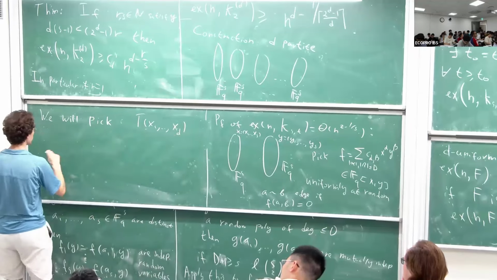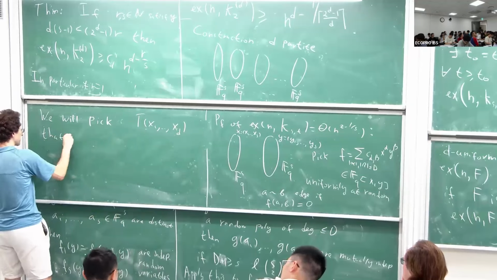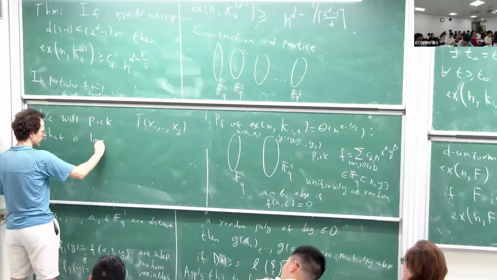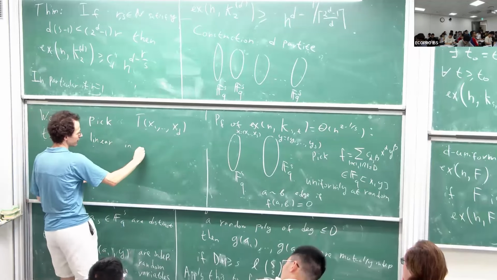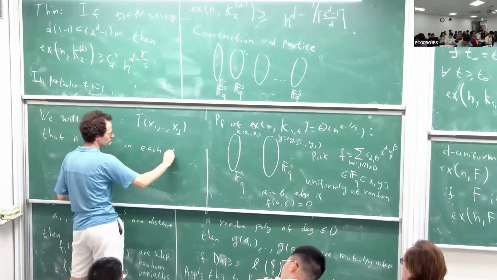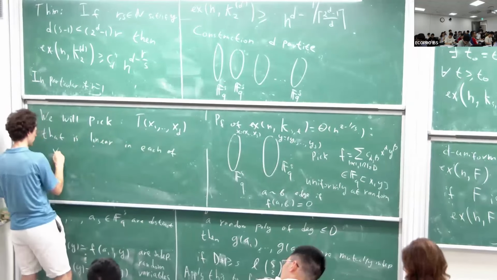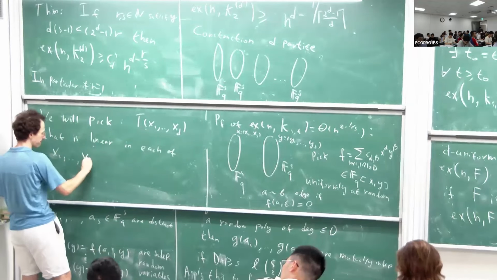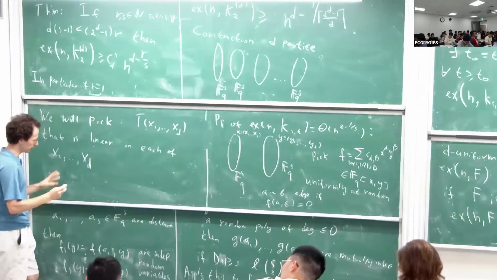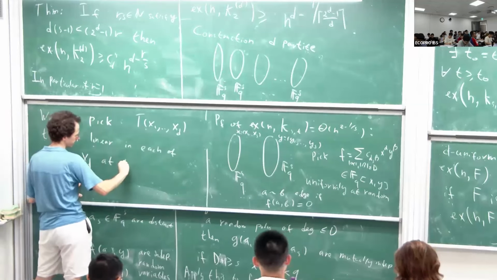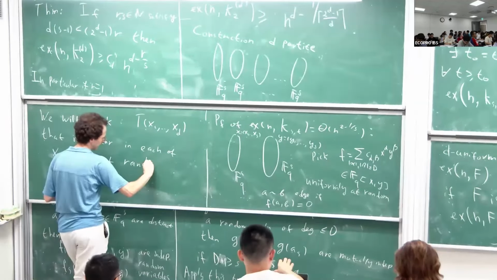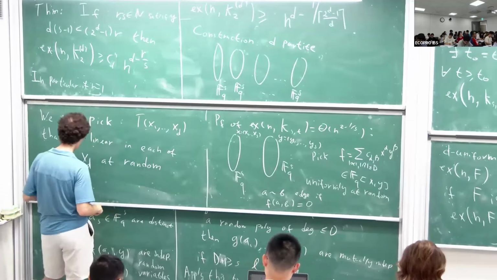Pick t that is linear in each of the axes, and we'll do it at random among all such.